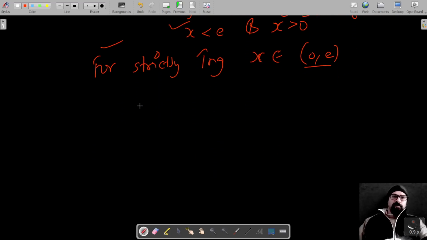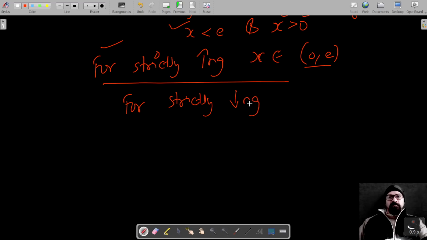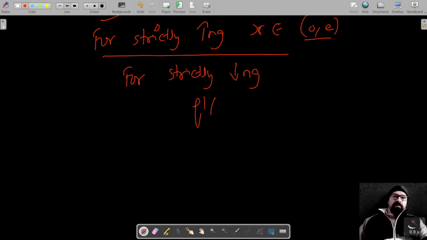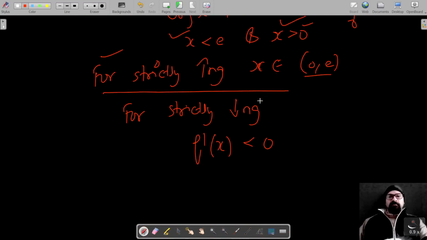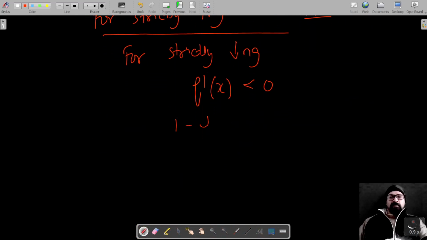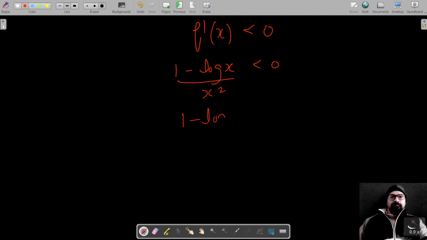Now let's go for strictly decreasing. Let's find out the interval in which this function is strictly decreasing. For strictly decreasing, f dash x should be less than 0. So our first order differentiation, 1 minus log x upon x squared, is less than 0, which gives us 1 minus log x is less than 0.